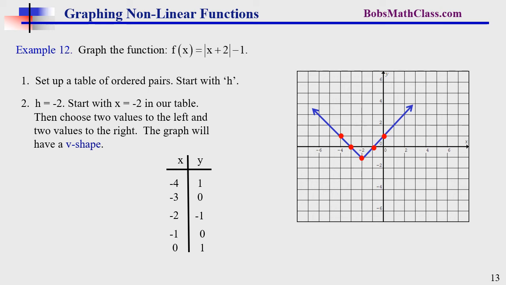So I know it's a +2 inside, but the standard form was with a minus sign in the middle. So you got to think of it as there's a minus sign in the middle, but it turns into a plus, so that means our h has to be negative. Therefore, h was -2. And the number on the outside moves it up or down. In this case, it's -1, so it moved it down 1 unit.